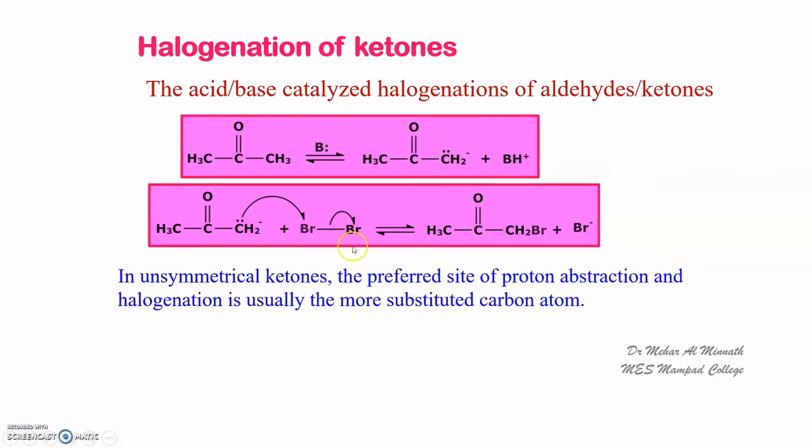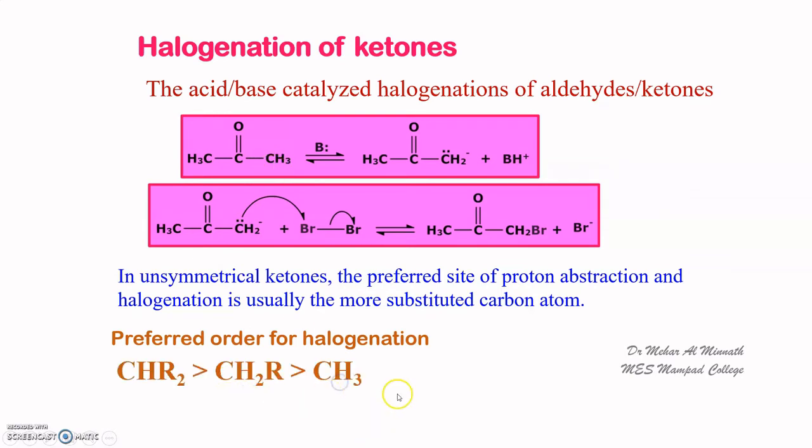So alpha halogenation is happening here. Now if this is a symmetrical ketone, no problem, but if it is an unsymmetrical ketone, the preferred site of abstraction of the proton is usually the most substituted carbon atom. So if this group is highly substituted, then the proton attached in this group will be removed easily. So you can say that the order of preference for halogenation is the more substituted alkyl moiety.